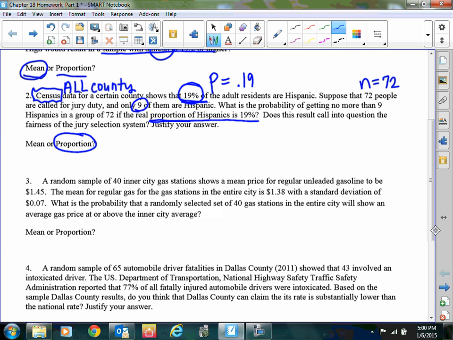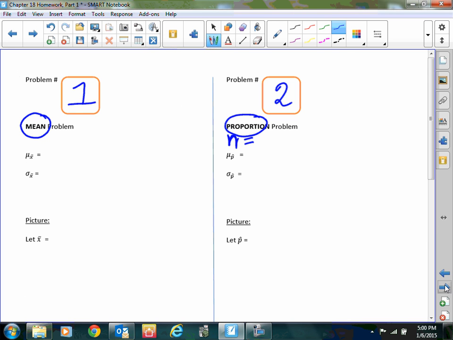So let's go then and answer what we know over here. What is the sample size? 72. The mean of the sample distribution should be what the true P is. So the mean we should get should be 19% Hispanic.